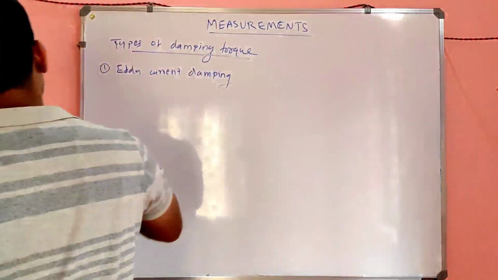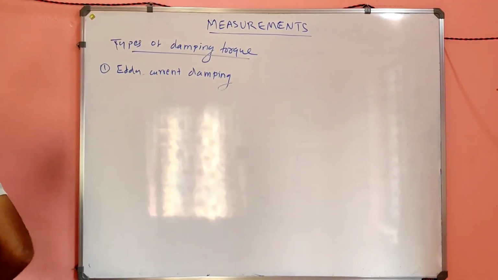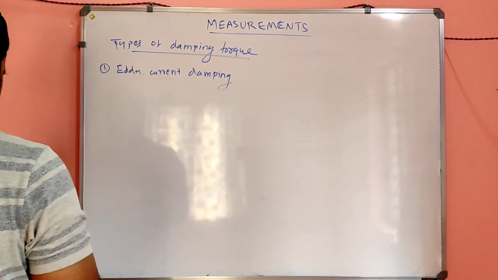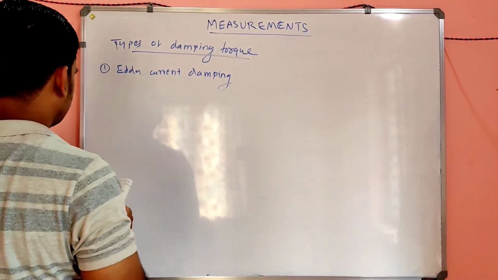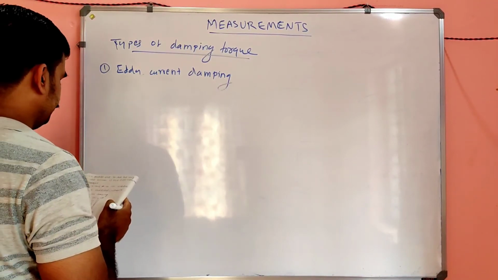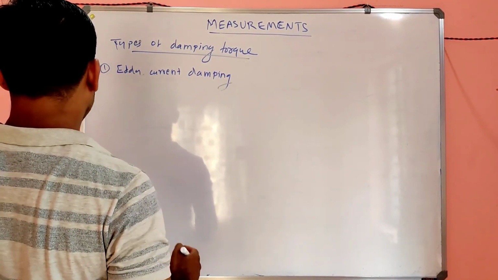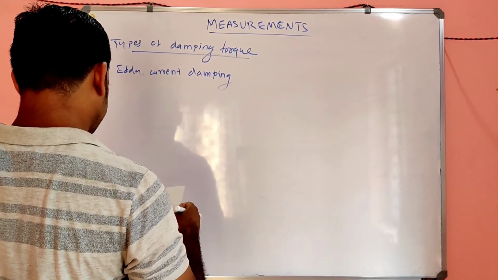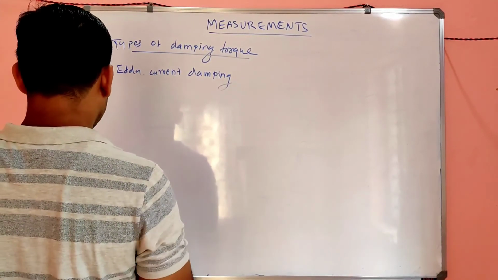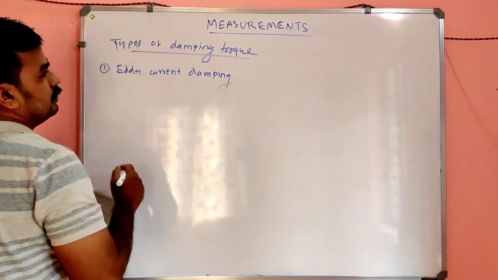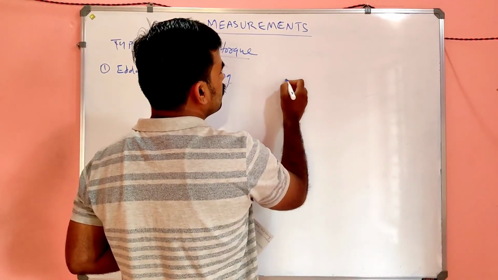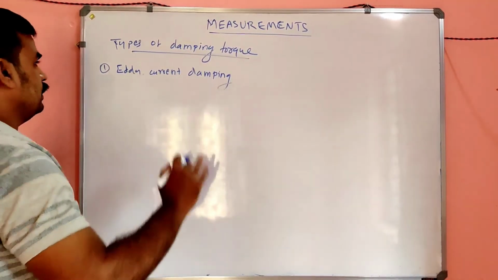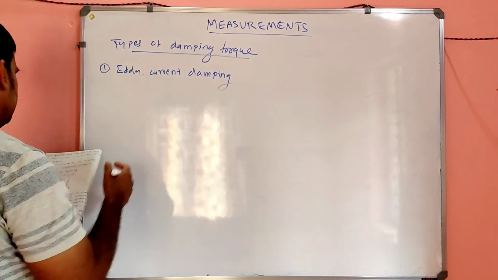You just understand the concept, that's all. And you have to note one thing: fluid friction damping we will take up at the time of instruments specifically. So next, eddy current damping.